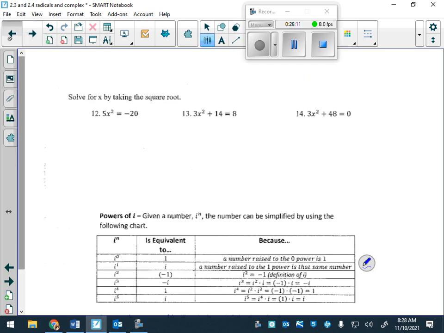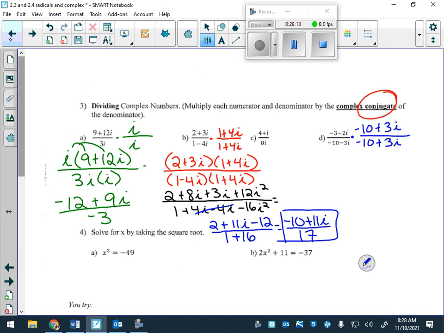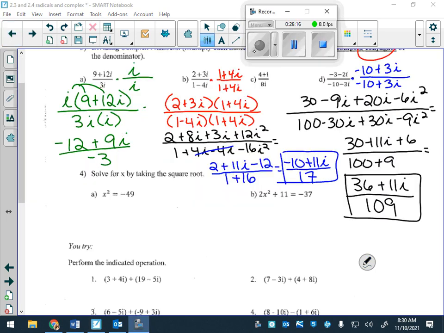Try D, you guys. All right, guys, how many of you did get 36 plus 11i over 109? Good. Any questions about D? Yeah, Kennedy.